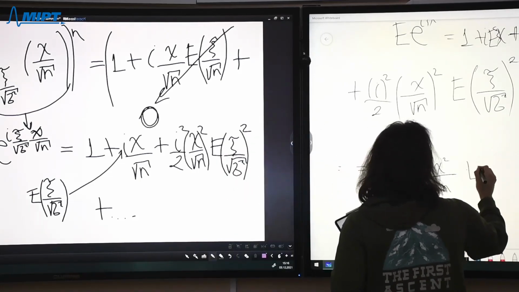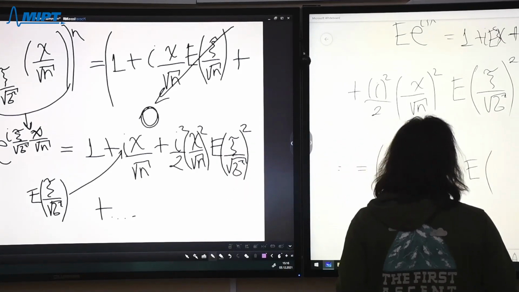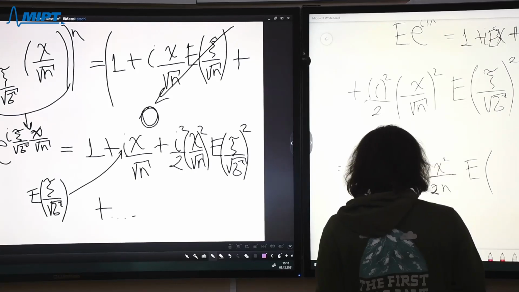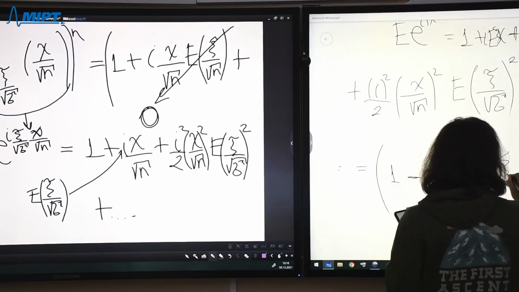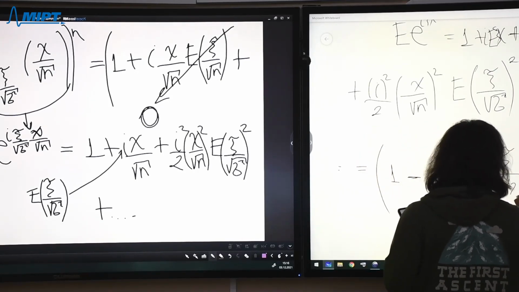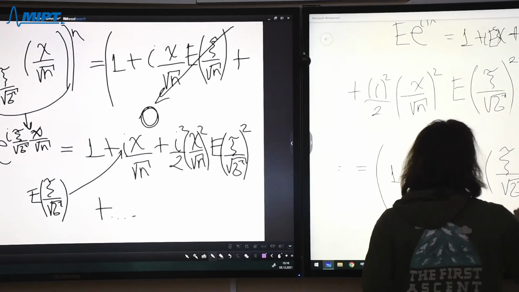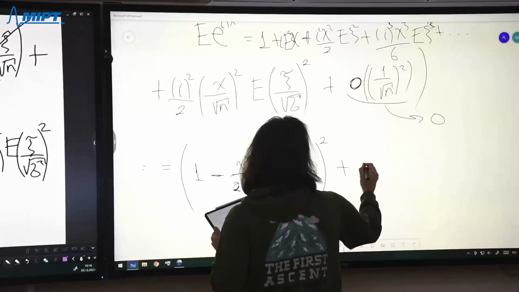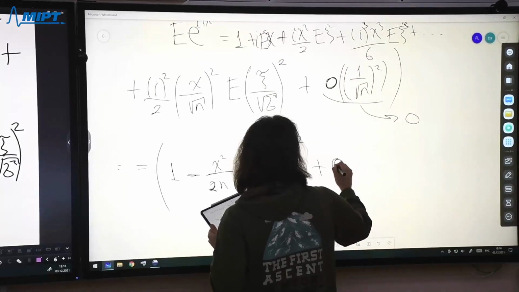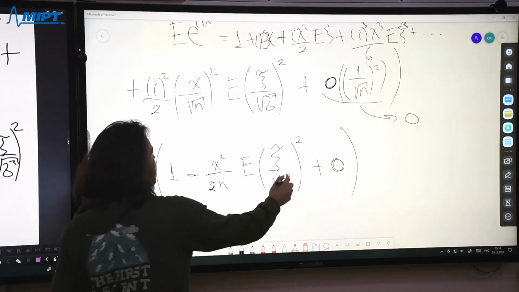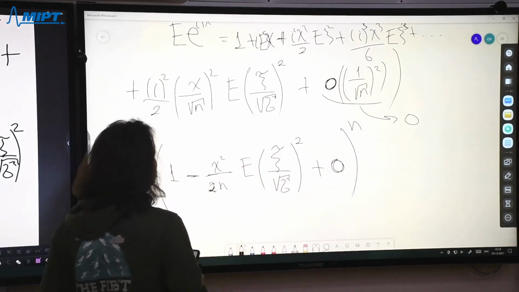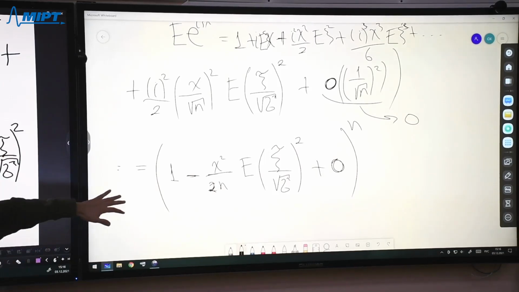And the expected value of all of this square. So, let's say that's just 0, right? And all of this to the n power. This is what we have now.